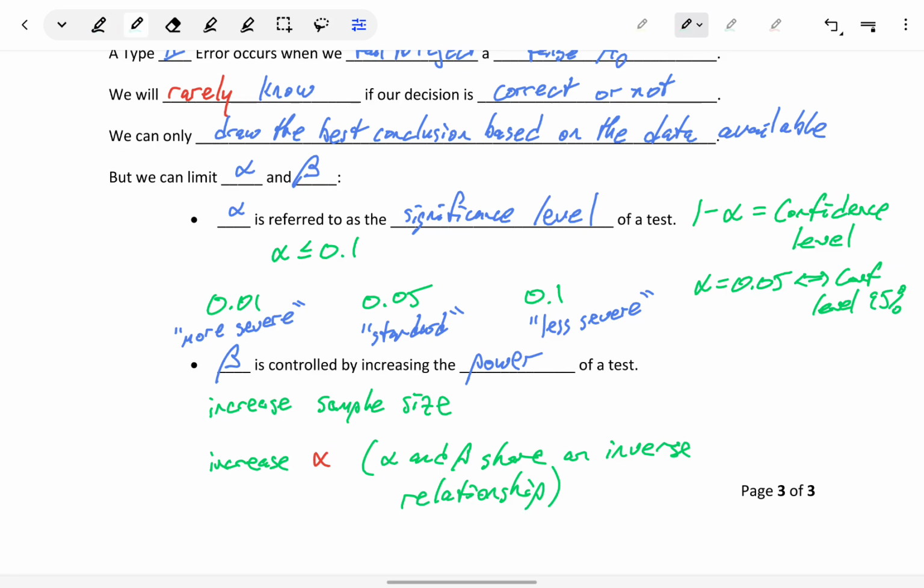But it also explains why we don't necessarily choose incredibly small values for alpha. 0.01 is sort of a small value for alpha. We could choose something even closer to 0, but as alpha continues to get smaller, beta would continue to increase. So there's sort of this balancing act going on between alpha and beta, but in simple terms, the easiest way to reduce beta and increase the power of a test is to try to get larger samples.